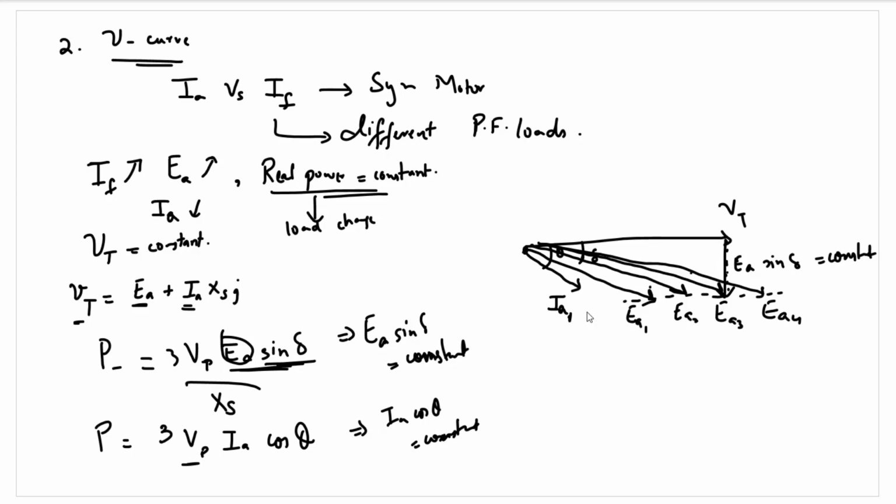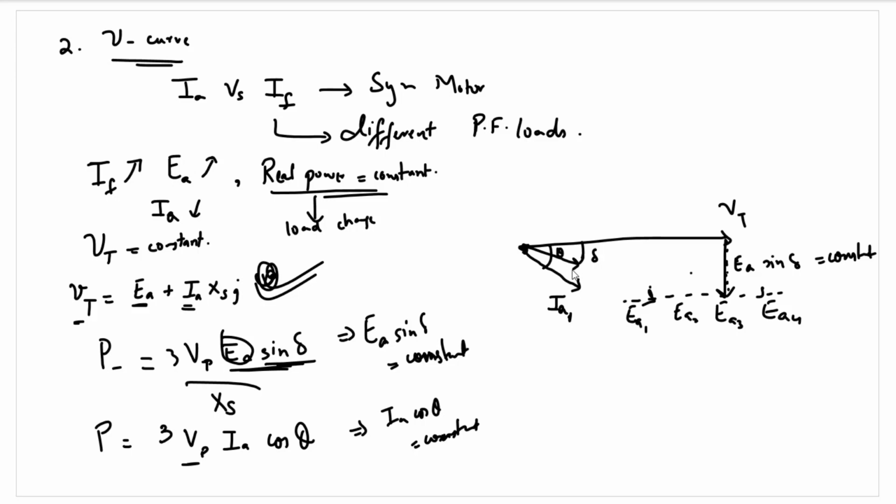Now, what will happen to the armature current? Let me rub off these lines. Now we know where Ea, Ea1, Ea2 stand. As we are increasing the field current, for this equation to hold true, Ia has to decrease.